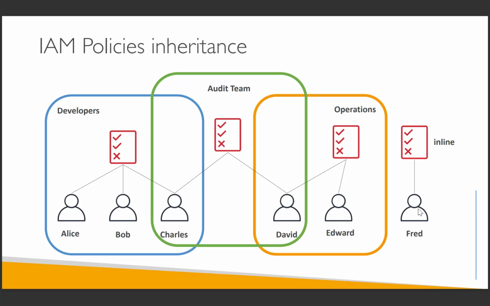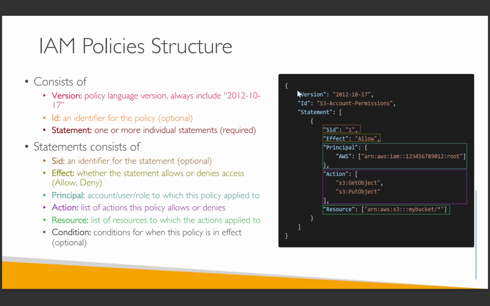Okay, so let's proceed. IAM policies are just JSON-like documents which contain data about which resource or which role is going to access which AWS resource and how much permission it has on that resource.